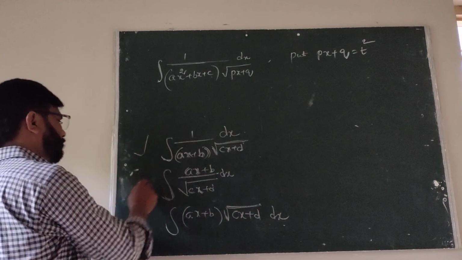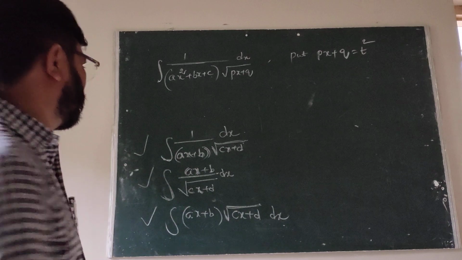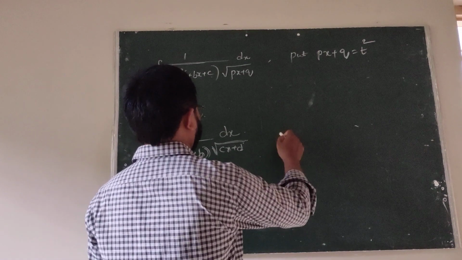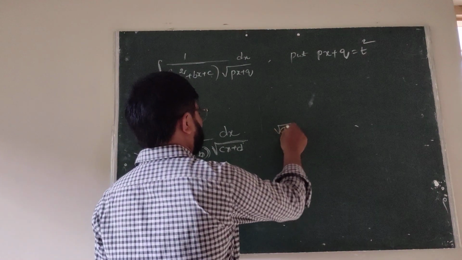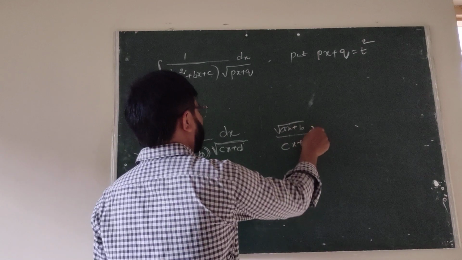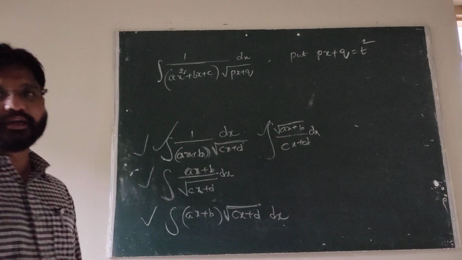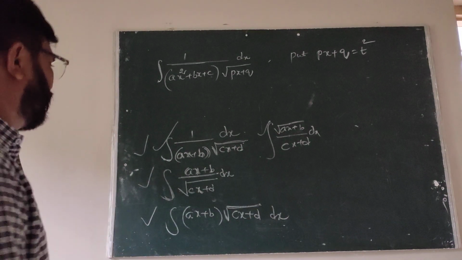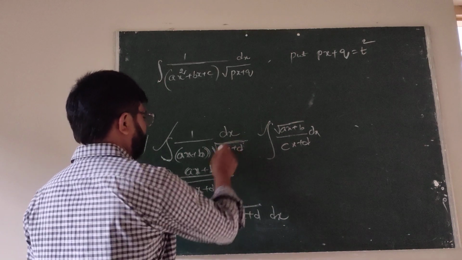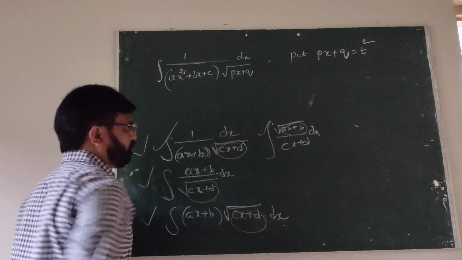So here these three are, we can take root of (ax plus b)(cx plus d) upon dx. So these four types of integrals we can evaluate, whichever of these it is.